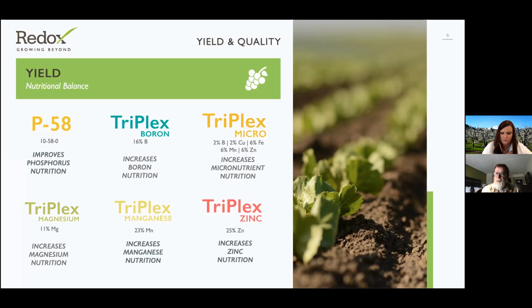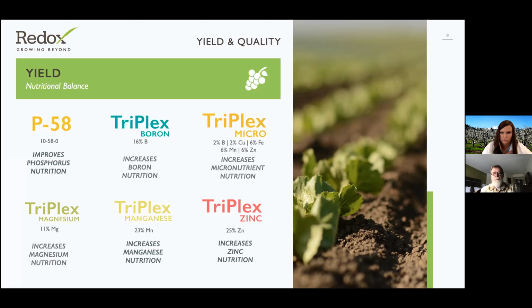One of the interesting things is if you look at a lot of different cropping systems, the phosphorus nutrition curve remains fairly stable all the way through the growing season. So repeat small applications of P58 is very beneficial for the plant.